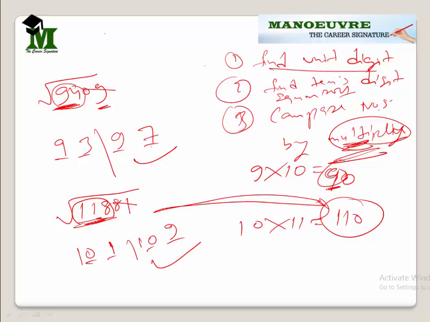Let's take the last example. Suppose you want to find the square root of 48841. Again the same funda. Unit place 1, so 1 and 9 can come, cancel 2 digits. The square root of 488 should be 22, because 21 square is 441, 22 square is 484, 23 square is 529.